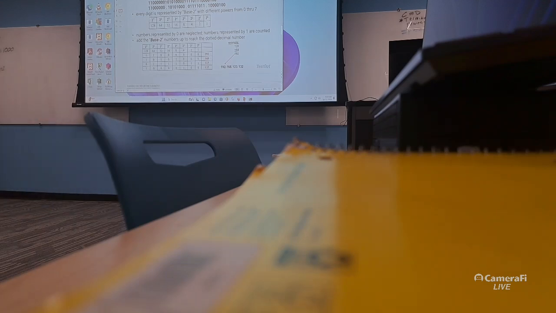This is what they look like. It's a dotted decimal address that you give a computer. Here's dotted decimal: X dot X dot X dot X.